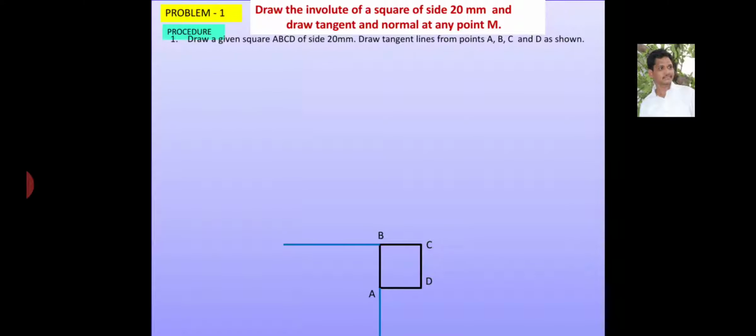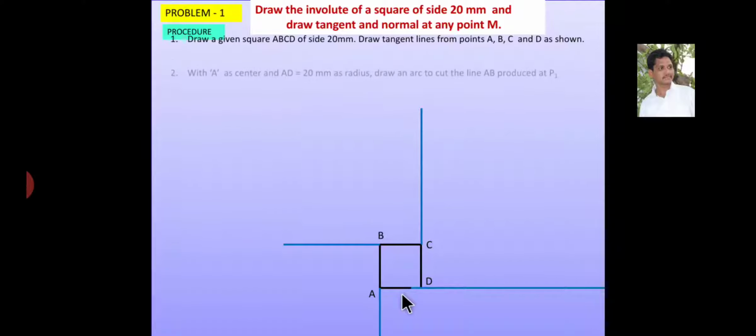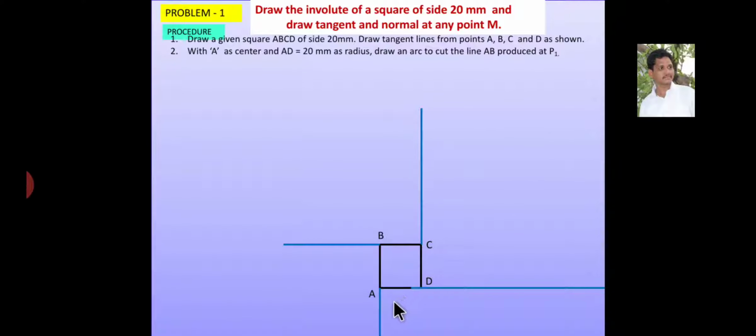So the next step is you have to draw tangent lines from all points A, B, C and D. This is A, point B, point C and point D. Now with A as center and radius AD equal to 20 mm, draw an arc.